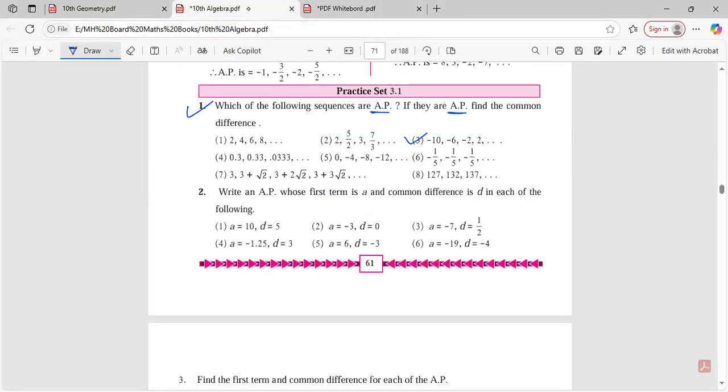Go for it. Third one. Is it an AP or what? Solving, one minute.